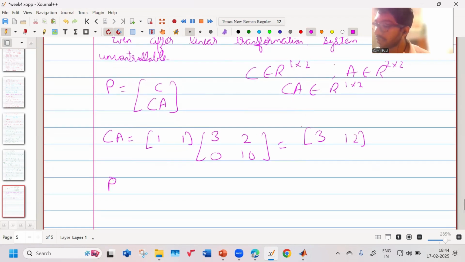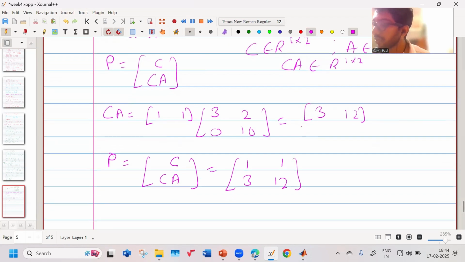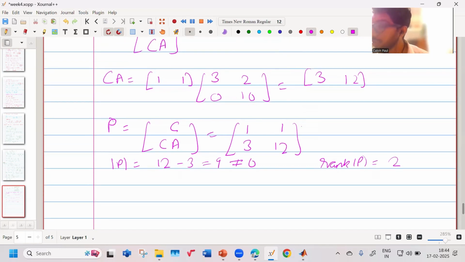So the observability matrix is C and CA, that is 1, 1 and 3, 12. Let us find the determinant of P: 12 minus 3 is equal to 9, which is not equal to 0. That means the rank of P is equal to 2. So it means the system is observable.